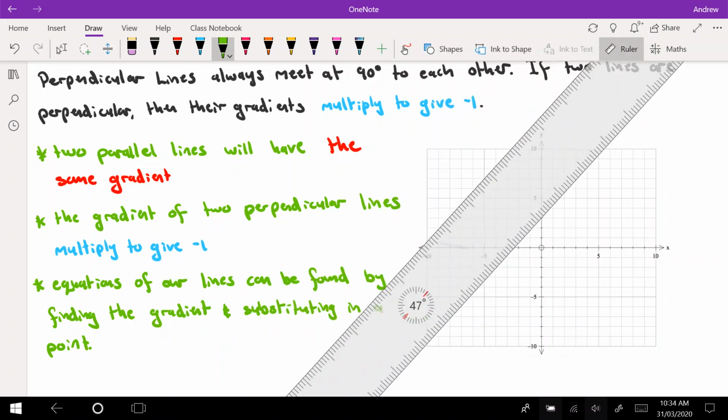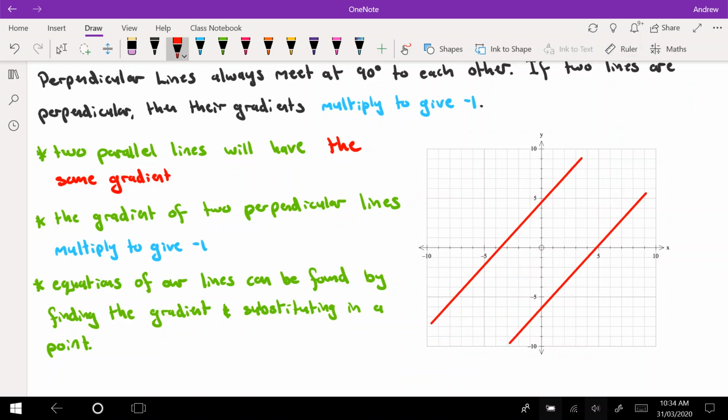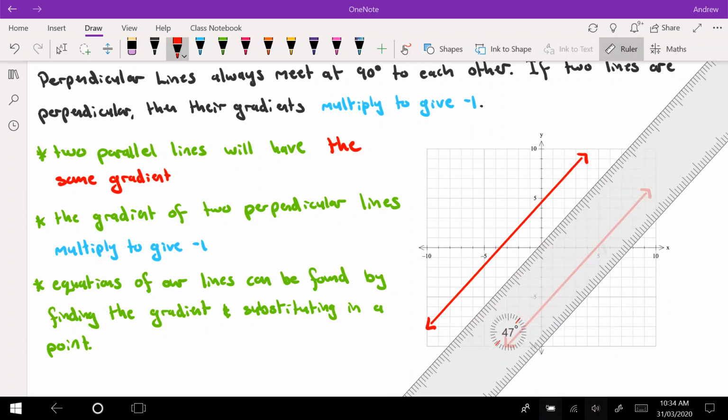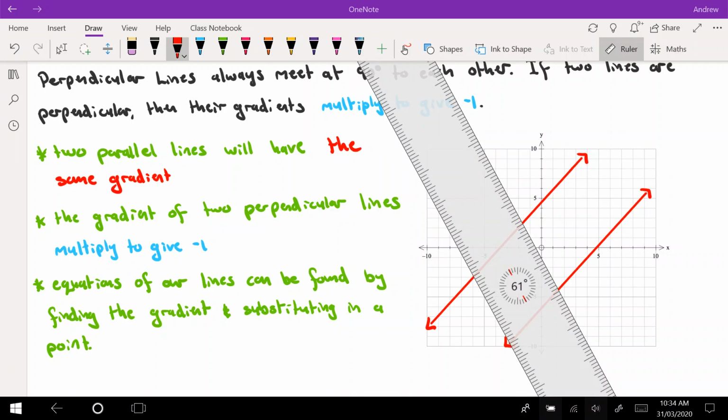And just on my graph now, I'm going to draw some examples of parallel and perpendicular lines, okay? Now, easy enough with my ruler, I can just draw along like this, and these lines are parallel because they don't intersect. They're never going to intersect. They're going in that same direction. But then I've got perpendicular lines, and I could say, okay, well, let's have one line. It's going to look something like that.